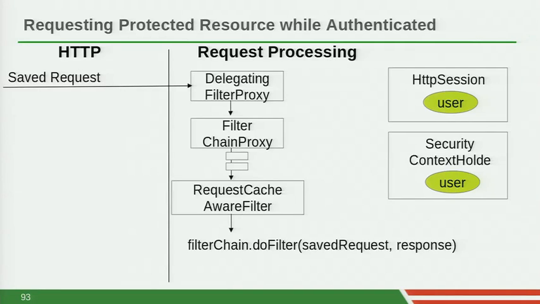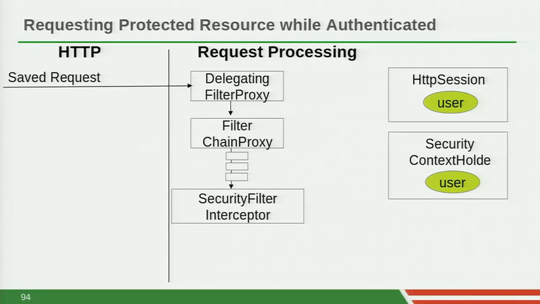Again, as we said before, these are just interfaces, so we can implement it any way we want. Basically we've stored that request, and now we're invoking the original request that was sent to the application through the FilterChain. So now everything that was on the original request is in the request for this saved request.